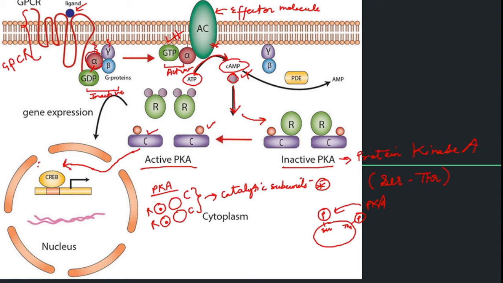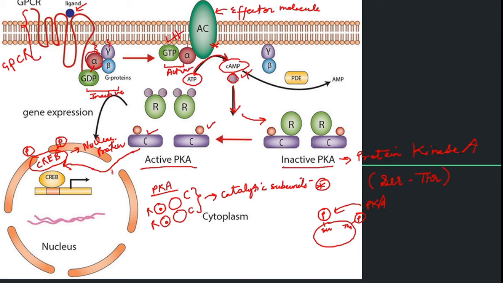There is a protein in the nucleus which is known as CREB protein, or cyclic AMP response element binding protein. It is a type of protein which resides in the nucleus, so it is a nuclear protein. And PKA, being a kinase, will phosphorylate this cyclic AMP response element binding protein on its serine threonine amino acids.